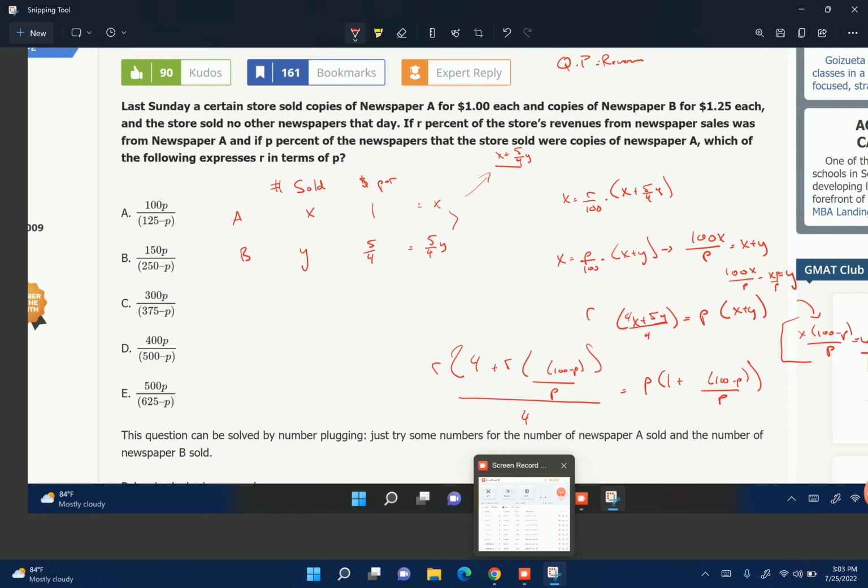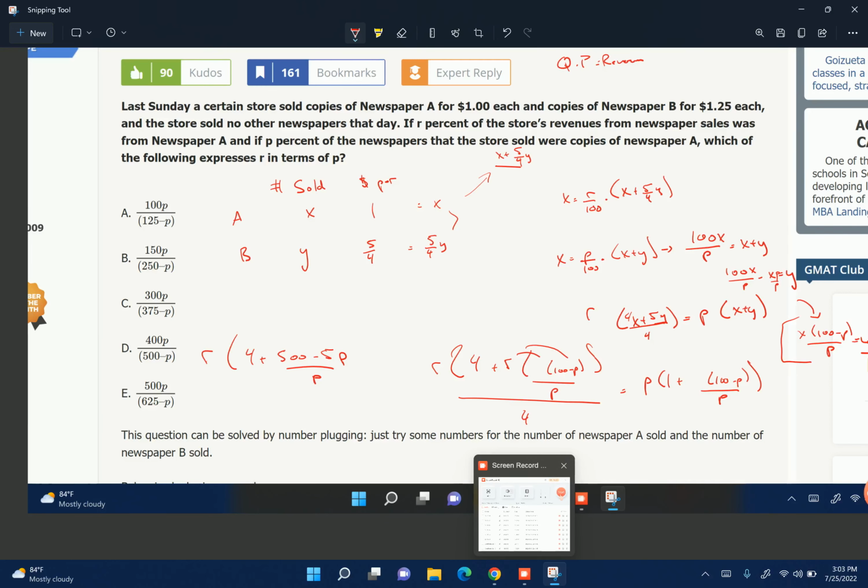Okay, that makes things a little easier, because then I have R times (4 plus, distribute the 5 through here, 500 minus 5P, all over P).